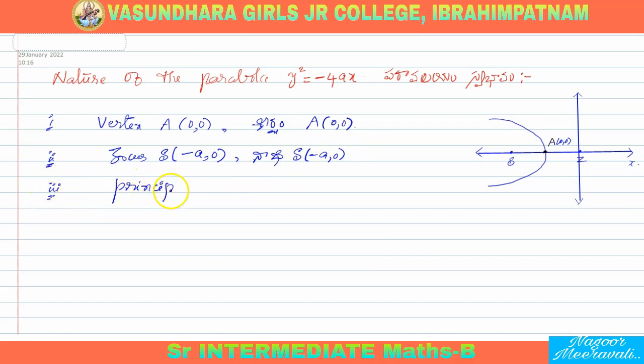Next one, principal axis. I asked you to write it remaining as it is. The principal axis is the x-axis. Here also x-axis, and the equation is y is equal to 0.